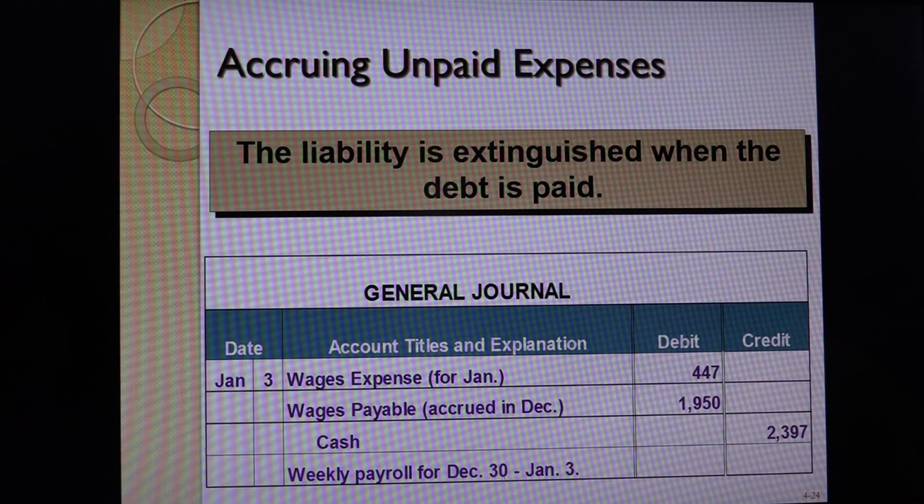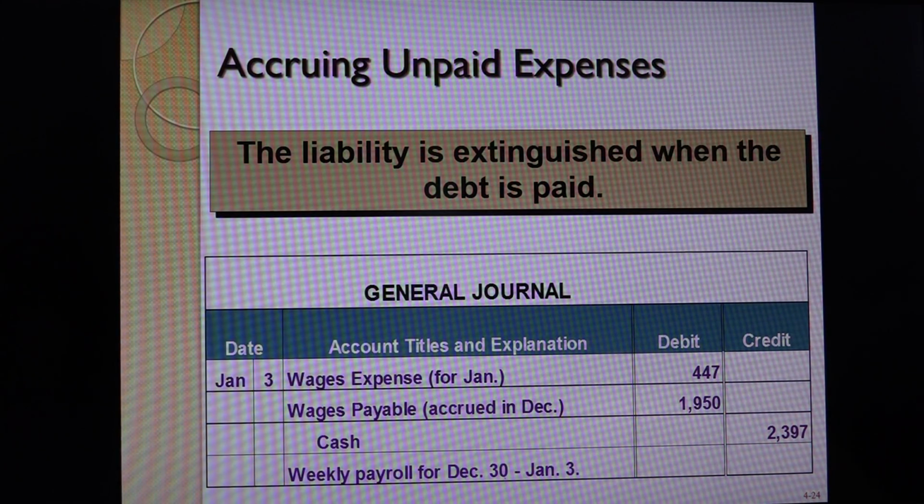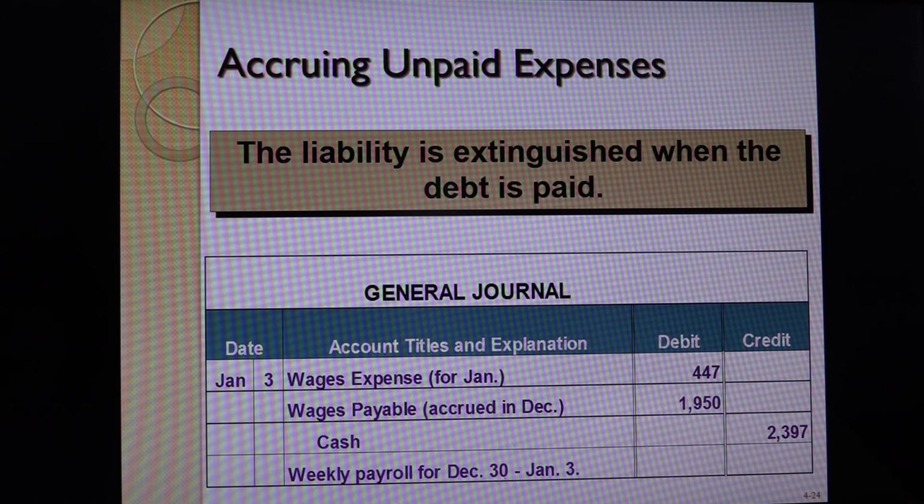So anytime you have more than 1 debit or 1 credit, it's called a compound entry. And so you've got a wage expense for the current month of $447. You've got wages payable that you're reducing by debiting it for $1,950, and of course the full amount of that is paid in cash, so that's your credit.